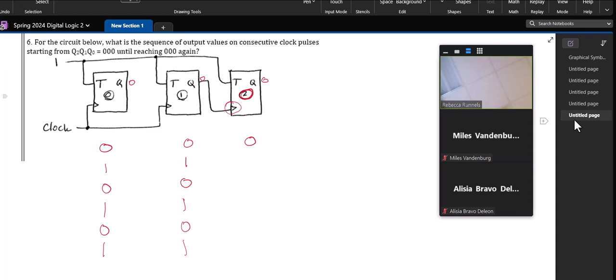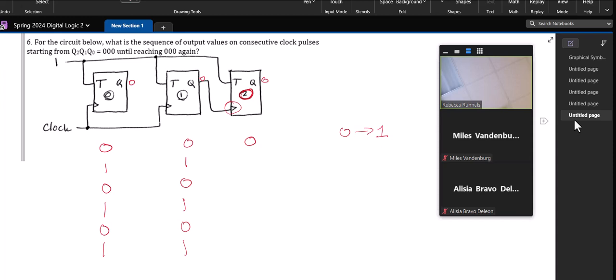Now, I didn't mention this when I talked about the T flip-flop, but if the clock is 0, it's not going to do anything. And so it can only change on the positive edge of the clock. So it can only change when its clock goes from 0 to 1.